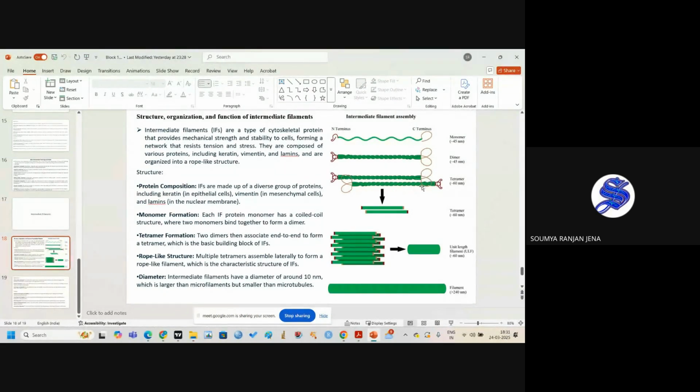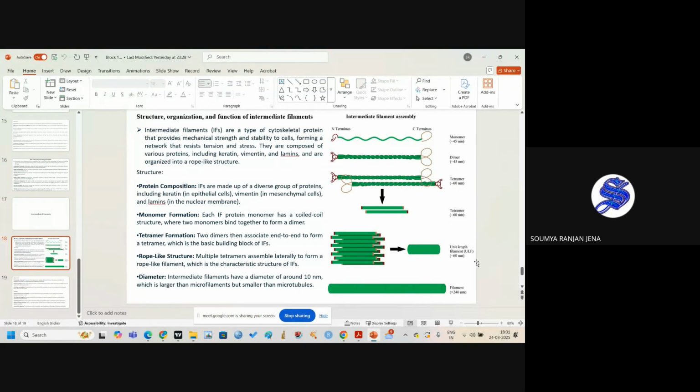And these two dimers form a tetramer, and that is a 60 nanometer structure, and these tetramers will wrap around each other to form a unit length filament, that is ULF, that is 60 nanometer.